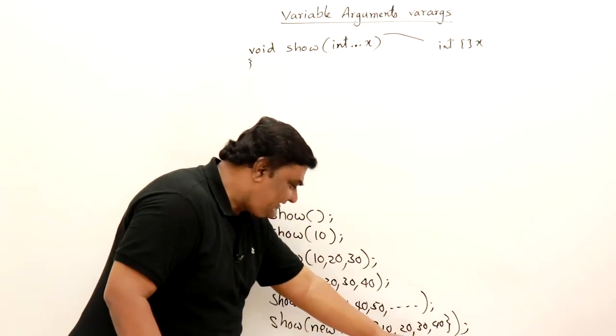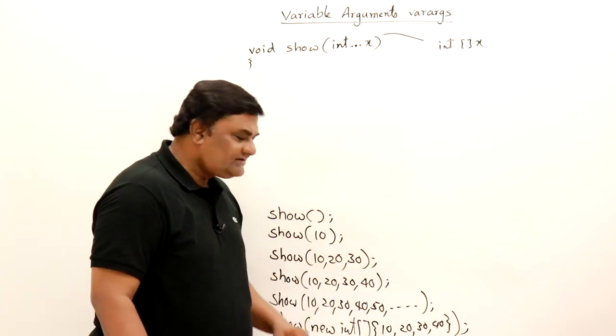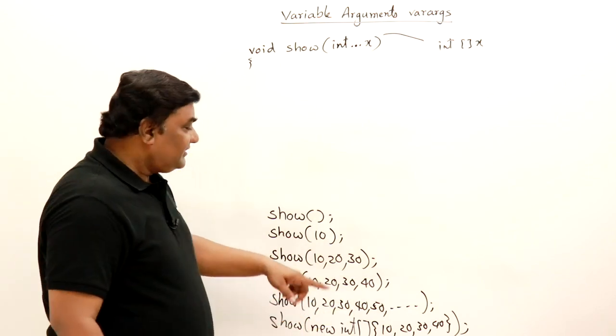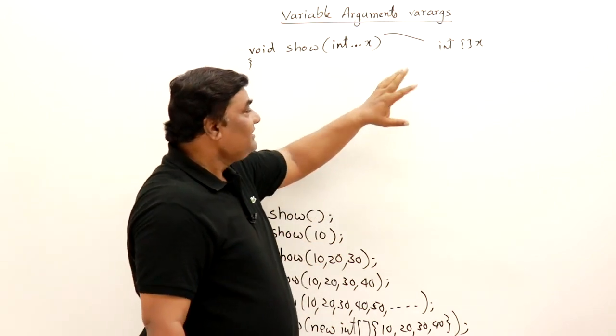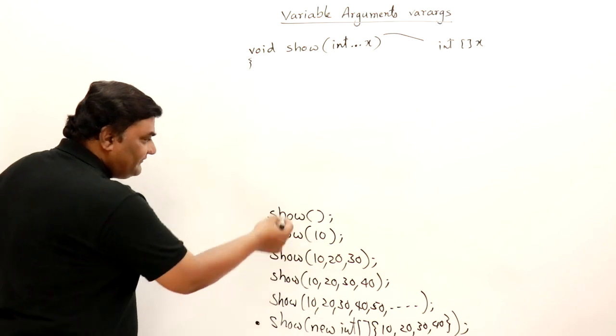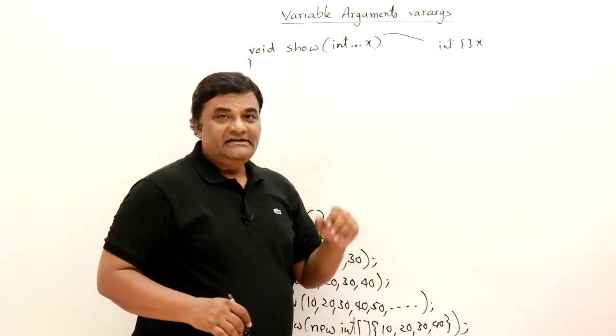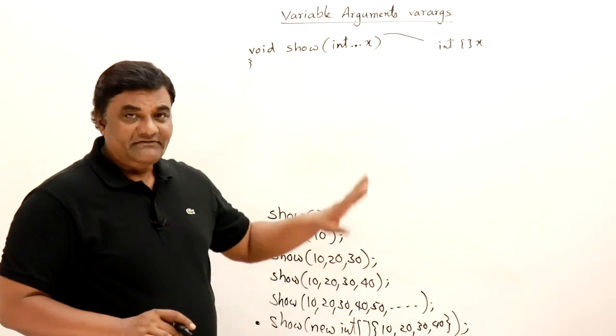But if you see, this is an array, but this is not an array. These are 4 arguments, right? These are 5 arguments. This is not an array. So it works for this array also and this variable arguments also. This dot dot dot. Instead of this, if I use this, then it will work only for this last one. It will not work for all these. Now let us see how to use this. I want to print the values whatever it is having.